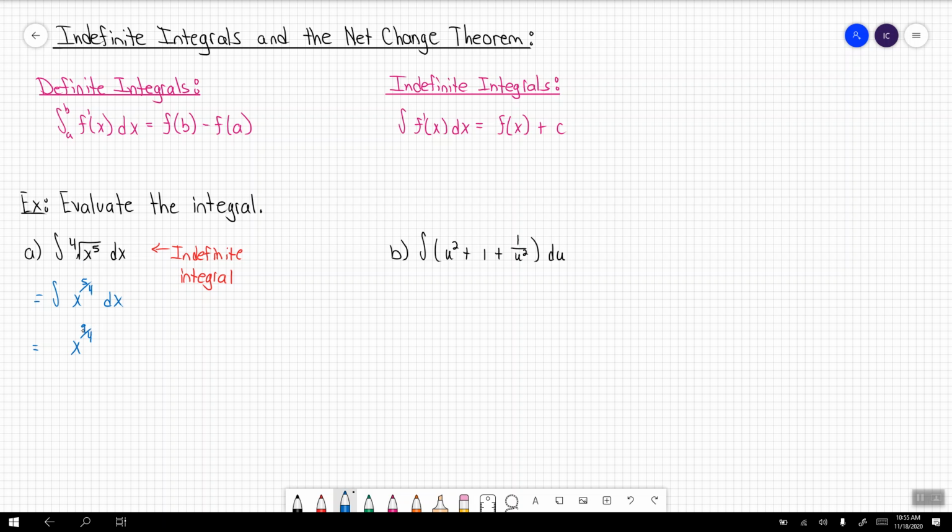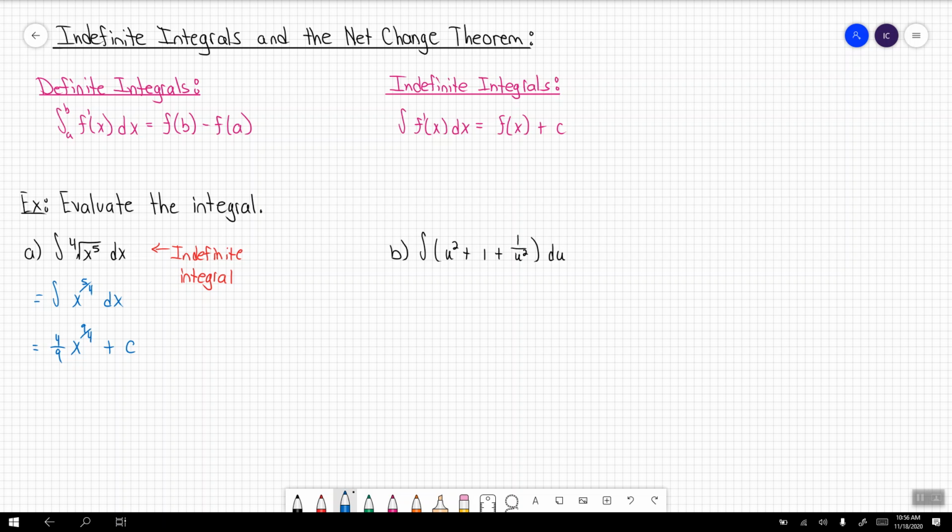And I multiply by the reciprocal, which is 4/9. There we are. So everything's looking good so far. Then we just attach a constant plus c, and we're done. That is the answer to this particular question. There's nothing more that we can do because we're not given bounds, so we cannot evaluate. Therefore, this is our general answer.